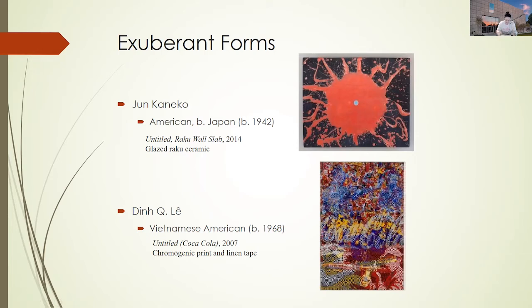What this represents is a critique of consumerism, consumer culture and imperialism. The image itself, it doesn't give me the exact image, but this is one that has scenes of the Vietnam War, and then the Coca-Cola is on top of that.